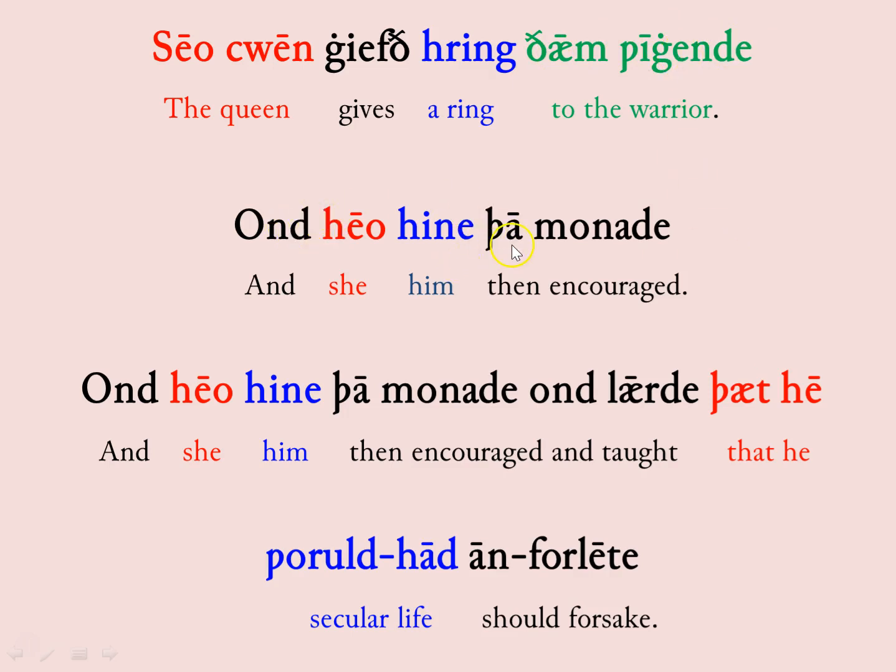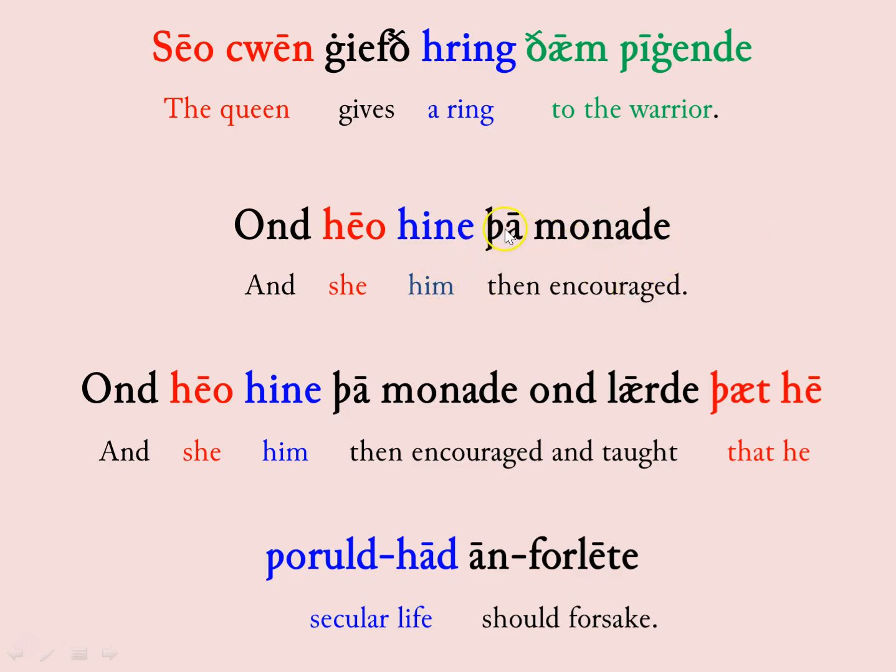Und heo hina tharmonide, and she, him, then encouraged. Now, heo is in the nominative form, and that is she. In the nominative form, she. Und is a conjunction, and hina is in the accusative. So that tells us when it's spelled like that, in the accusative, it stands for him.